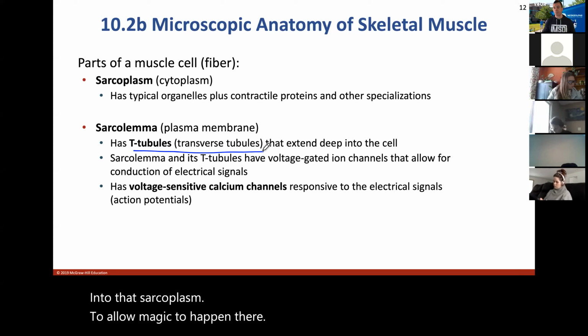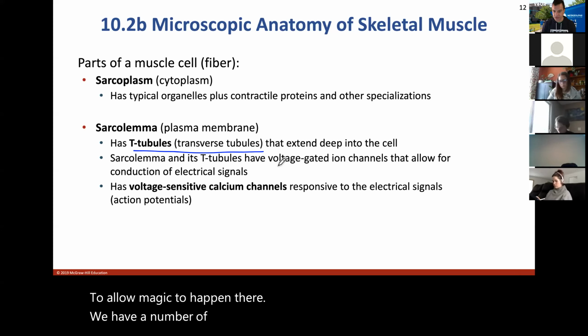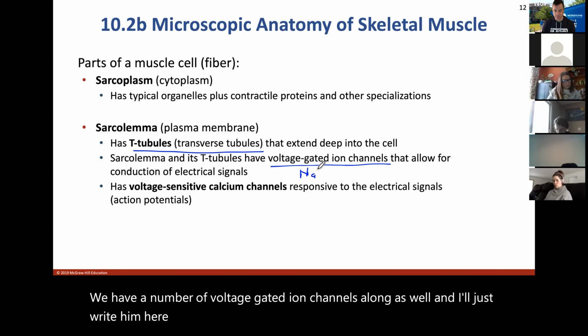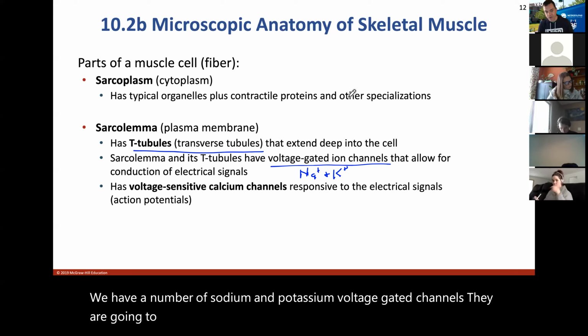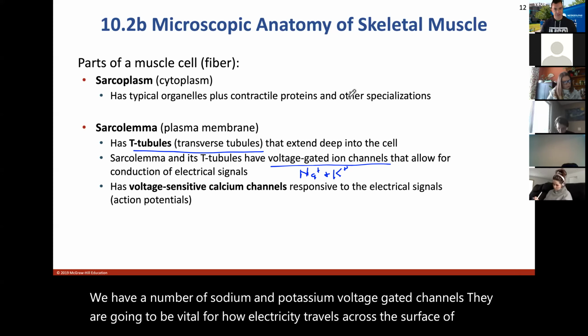We have a number of voltage-gated ion channels along it as well. And I'll just write them here: sodium and potassium. Okay. We have a number of sodium and potassium voltage-gated channels. They are going to be vital for how electricity travels across the surface of this muscle fiber.